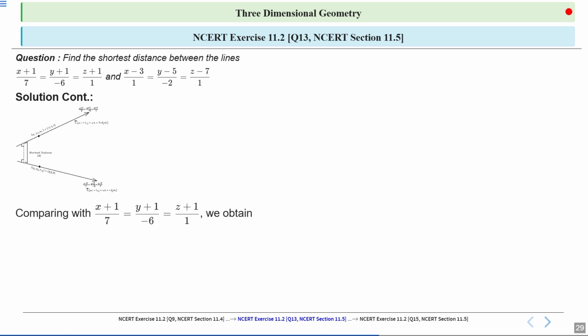Now comparing with x plus 1 upon 7 is equal to y plus 1 upon minus 6 is equal to z plus 1 upon 1, we obtain x1 is equal to minus 1, y1 is equal to minus 1 and z1 is equal to minus 1, and a1 is equal to 7, b1 is equal to minus 6 and c1 is equal to 1, right?